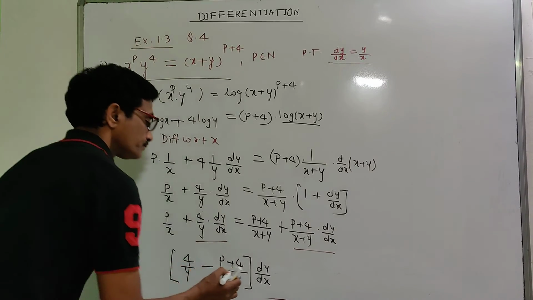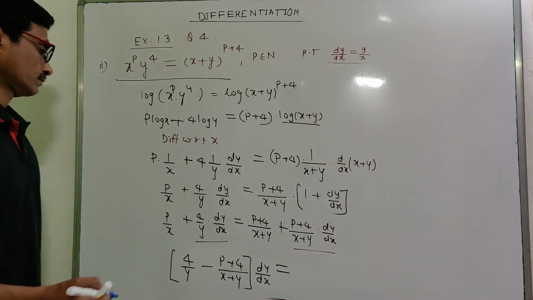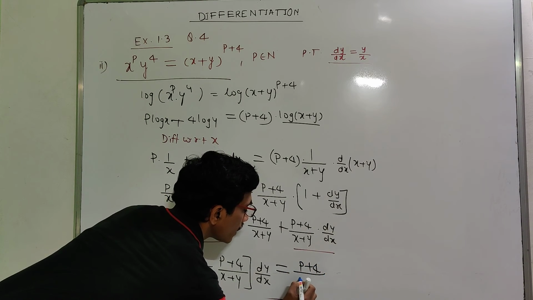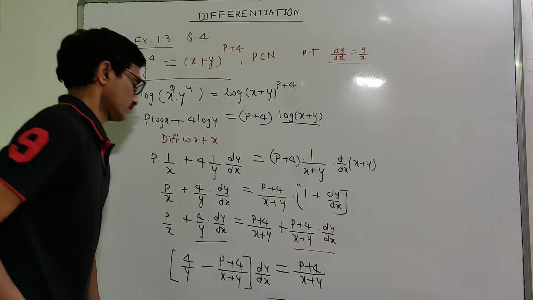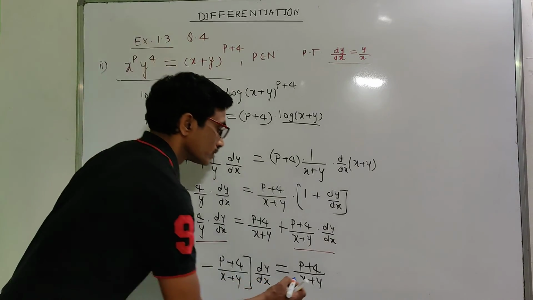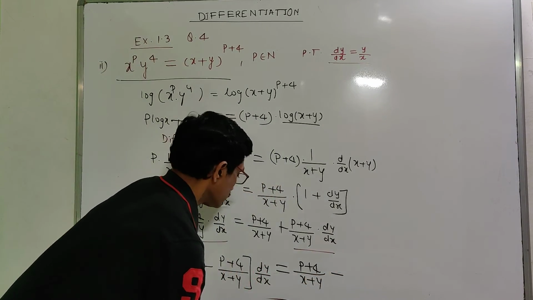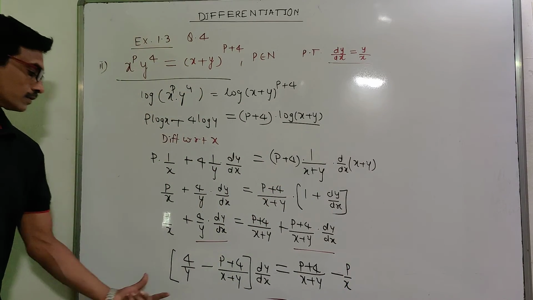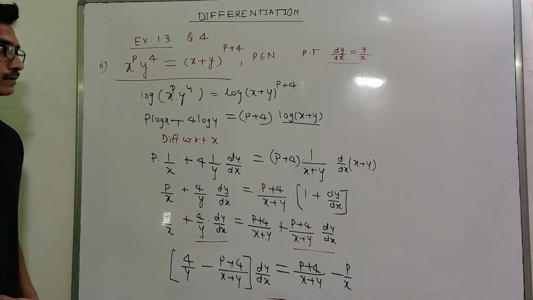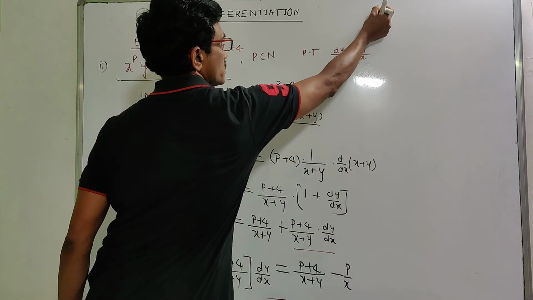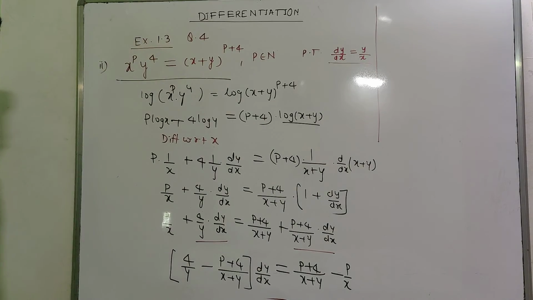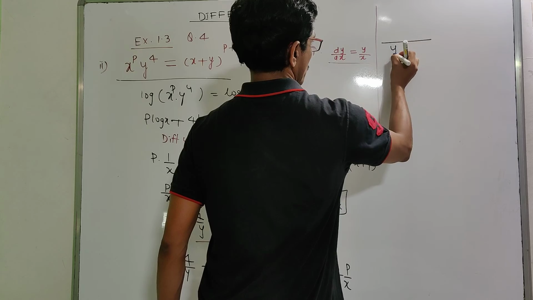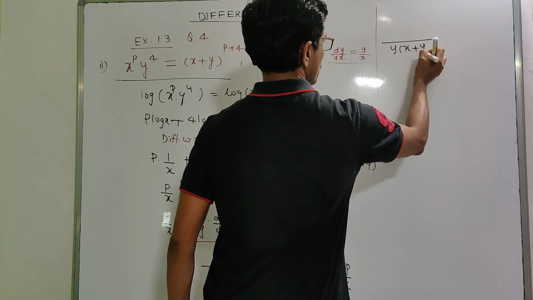Right hand side (p plus 4) upon (x plus y). Transfer this p upon x to the right hand side. Now we take the LCM of the denominator, which is y into (x plus y).